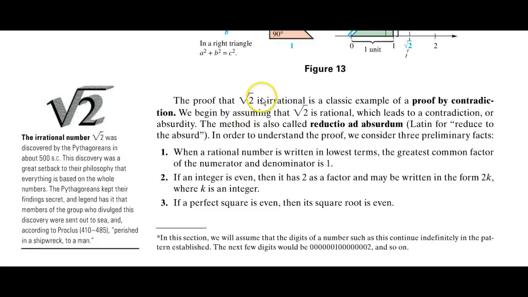We're not going to go into detail here, except to mention this is proof by contradiction. And I thought a little bit of Latin here was interesting. This method is also called reductio ad absurdum, reduced to the absurd. And it ties in with what we said in an earlier lesson about whether a fraction would have the prime number 2 or 5 in the denominator when it was simplified.